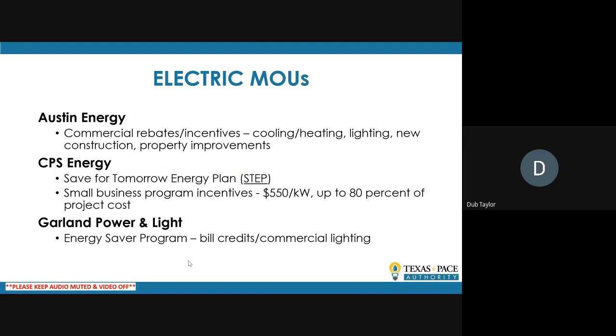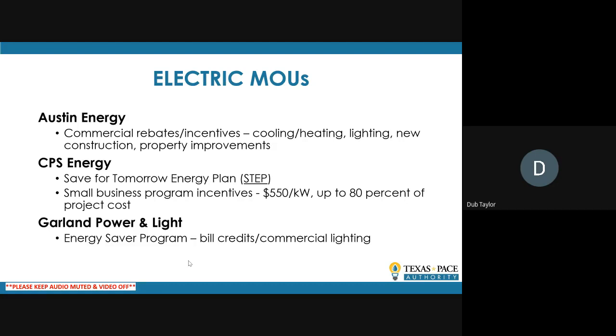Their commercial rebate and incentive programs offer incentives for heating and cooling, for lighting, new construction, and other general property improvements. In some cases, building envelopes, roofs, things like that. CPS Energy, which serves the greater San Antonio area, has a program, sort of an umbrella, if you will, called the Save for Tomorrow Energy Plan, or STEP.